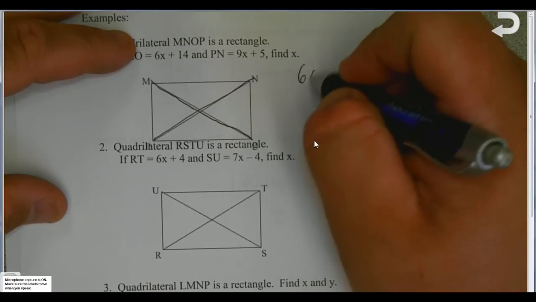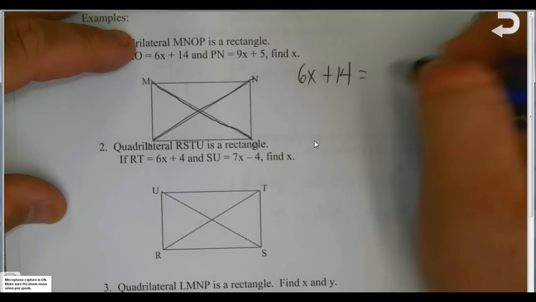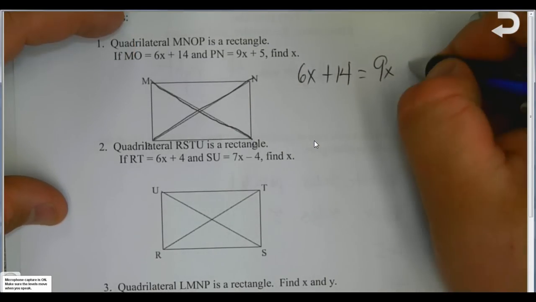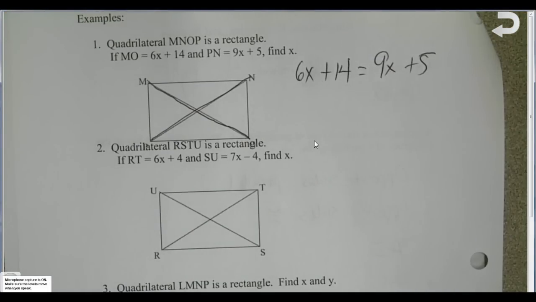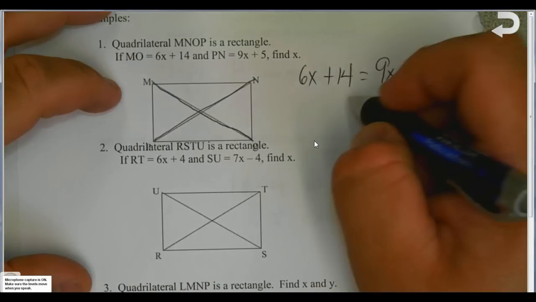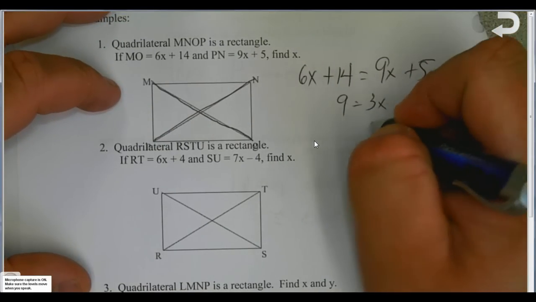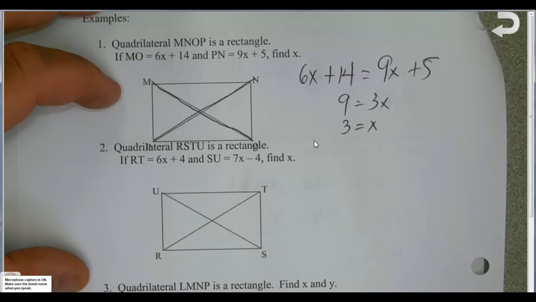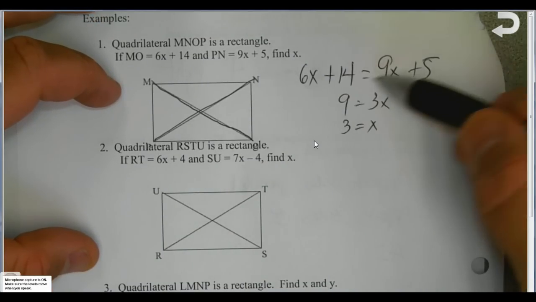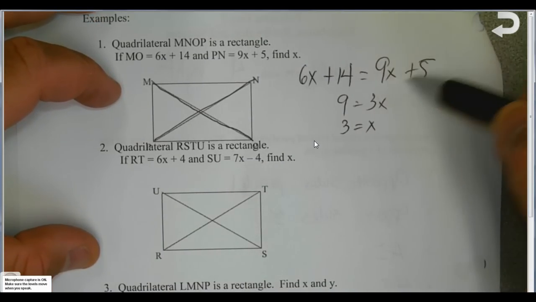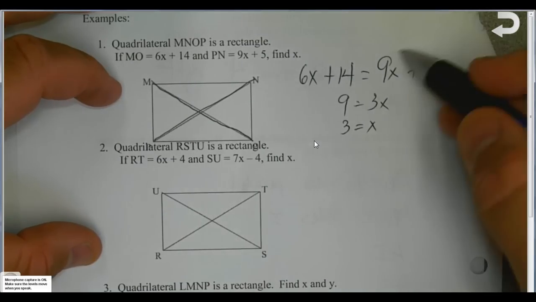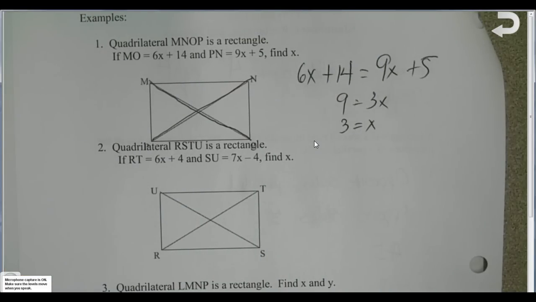So we just set these 2 equal to each other. And so then we get 9 is equal to 3x, x is equal to 3. We plug it back in and check, we get 32, we get 32, and so the diagonals both have a length of 32.